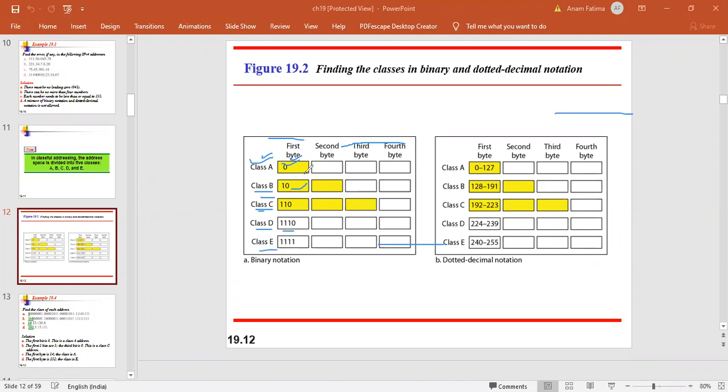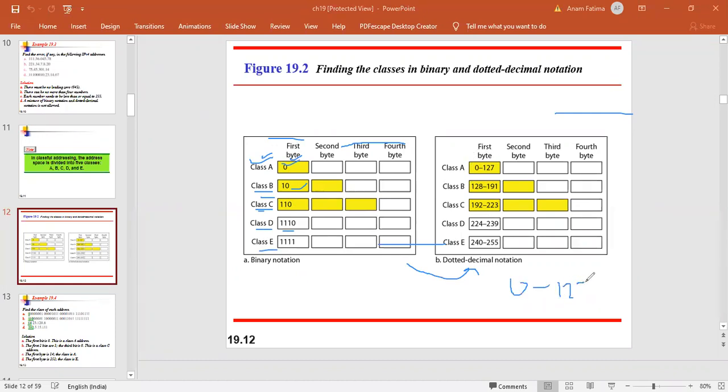Similarly, all of these when converted into the corresponding dotted decimal notation have got ranges. For class A addresses, the first byte or first octet is in the range of 0 to 127.